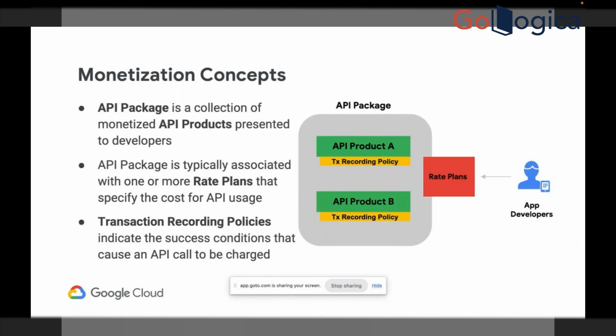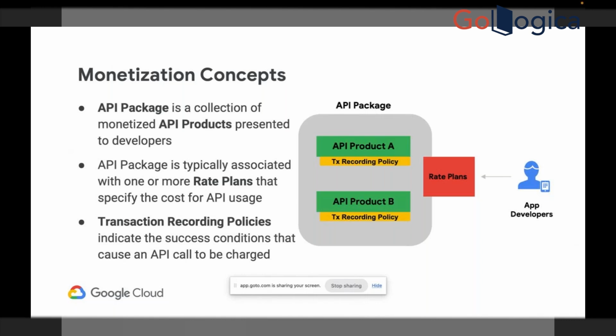For example, in some scenarios you wait for a 200 response from the backend, and that is a success. In other scenarios, regardless of 200 or whatever, as long as you are able to hit the backend, I will charge. Based on that, you define the success scenario.